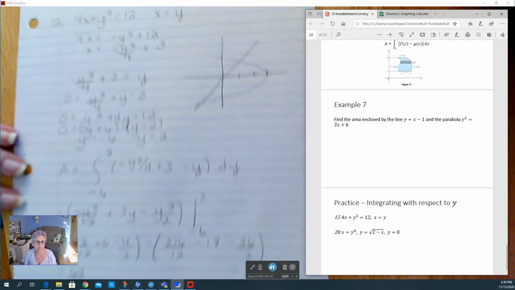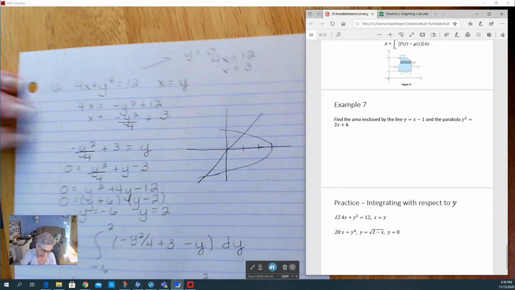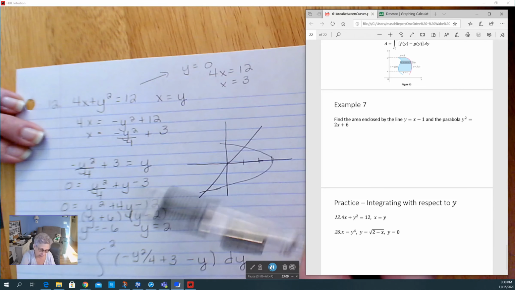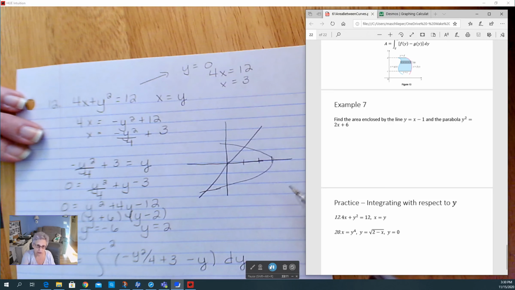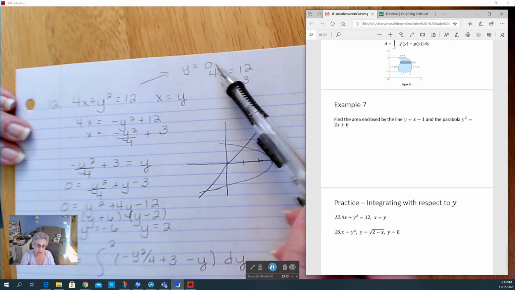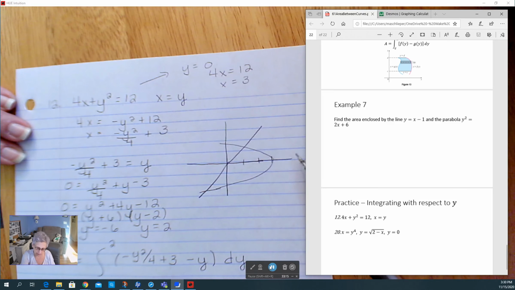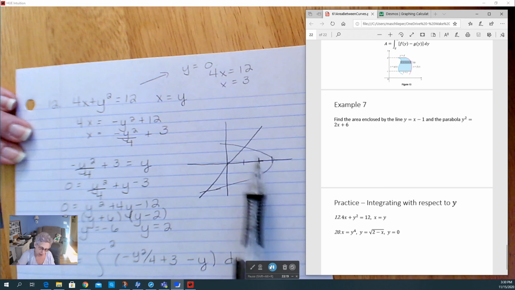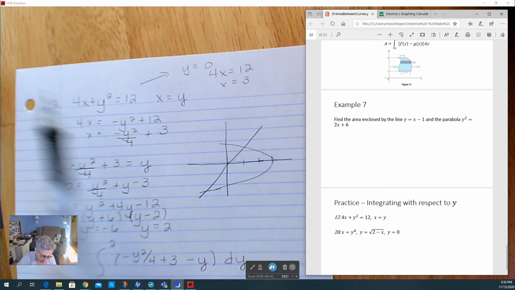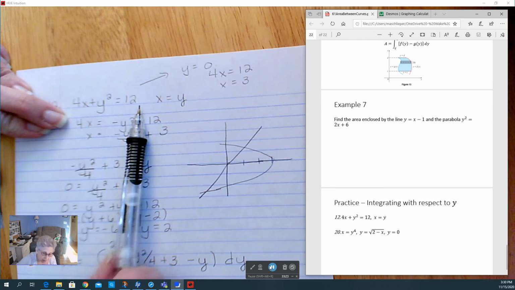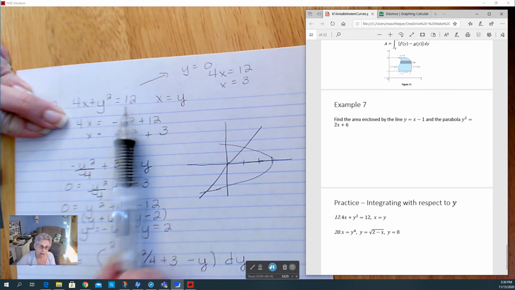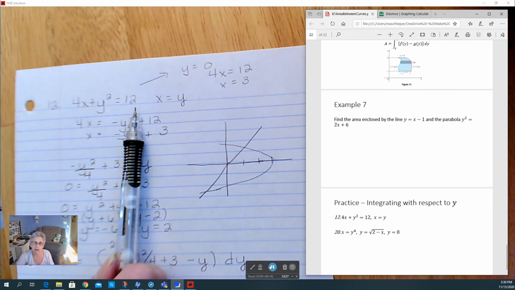How did it go? Set them equal to one another. Actually, first I solved for x. I also sketched a little graph. I plugged in y equals 0 to figure out where it crosses the axis. I knew that it was opening to the left because if I put x and y on opposite sides of the equal mark, then one of them is going to be negative.